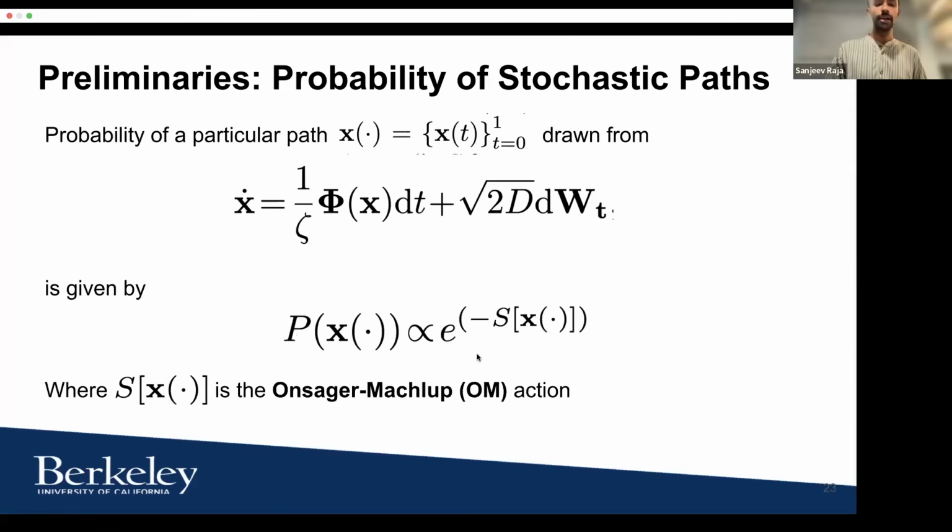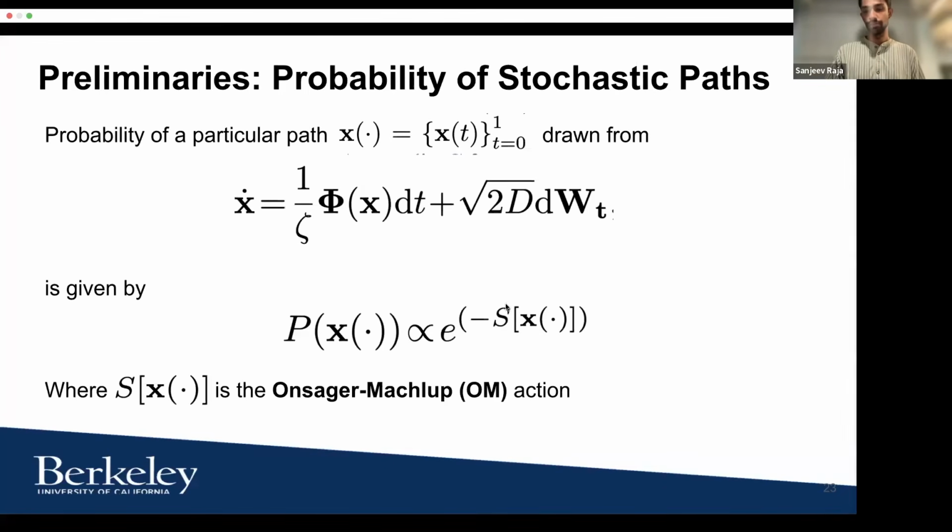And it turns out that from classical results in statistical mechanics, just based on solving the Fokker-Planck equation for this SDE, the probability of any particular path, x, drawn from this SDE is actually given by a Boltzmann-like distribution, where instead of your traditional energy function, now you have an energy function over paths.